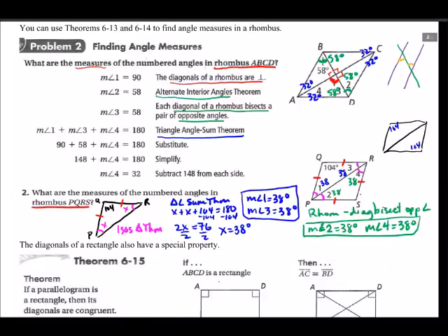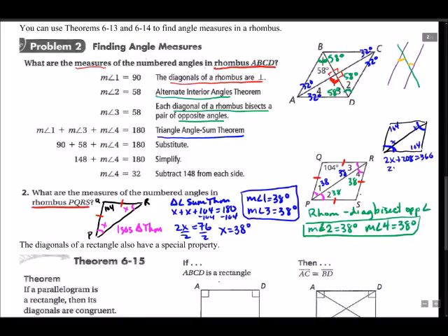And if I know opposite angles are congruent, then I know that this big angle here and this whole big angle here are also congruent. I could have called them x and x, right? And then I could have solved for those and then cut them in half because I know the whole thing is 360, right? So 2x plus 208 equals 360.